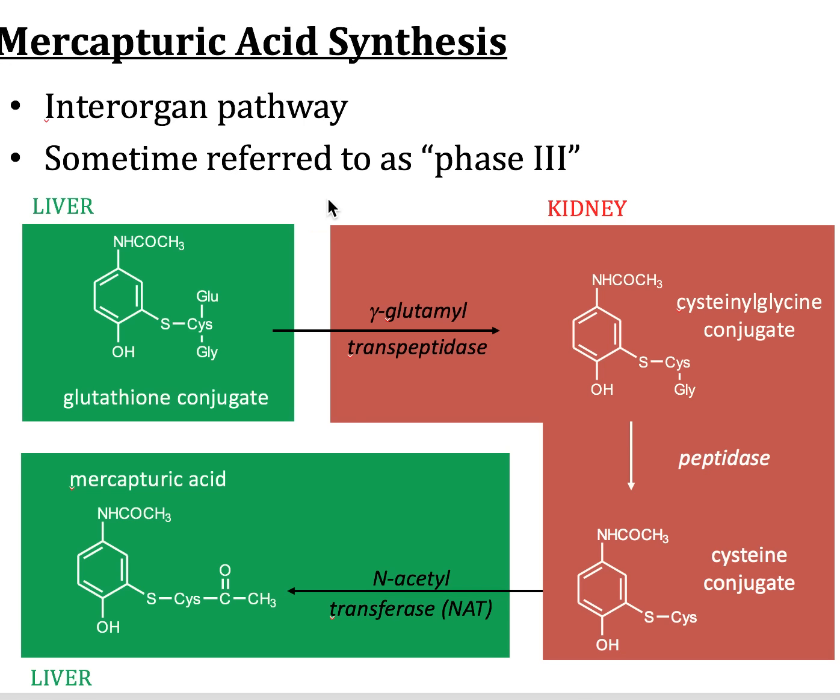So initially what happens is this is transferred to the kidney, in which gamma glutamyl transpeptidase is the enzyme. What happens here is that the glutamate is removed. As you can see, the GLU was present there. That's not there anymore.